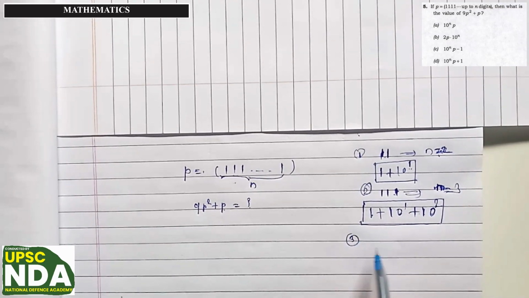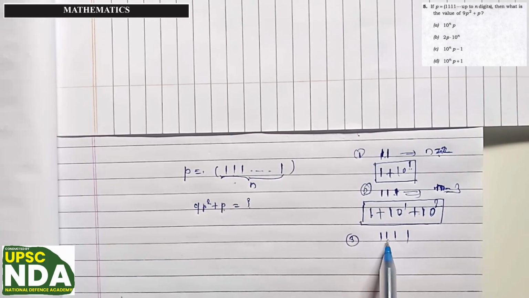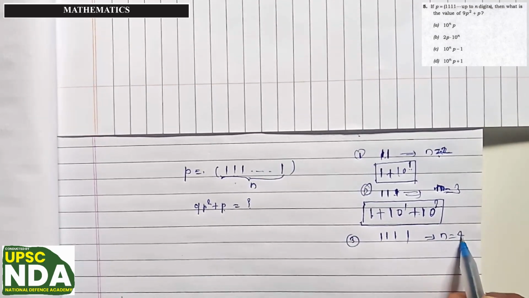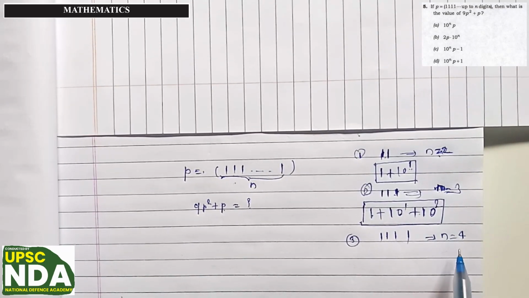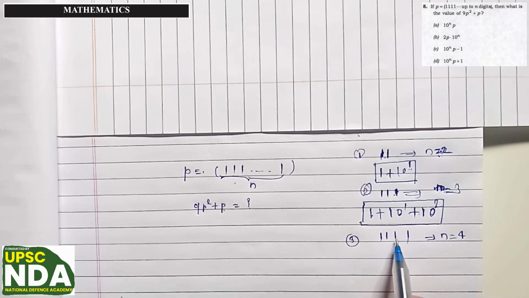Now let me explain one more condition. Third case: 1111. That means n is equal to 4, the number of digits here is 4. So how can we write 1111?